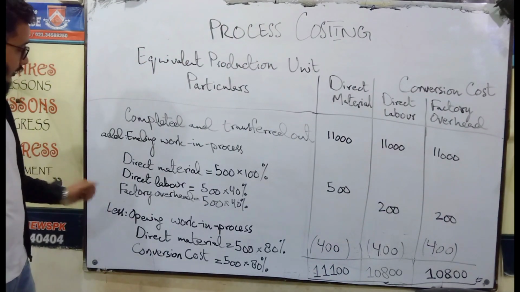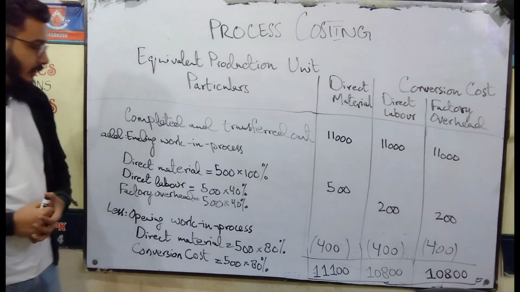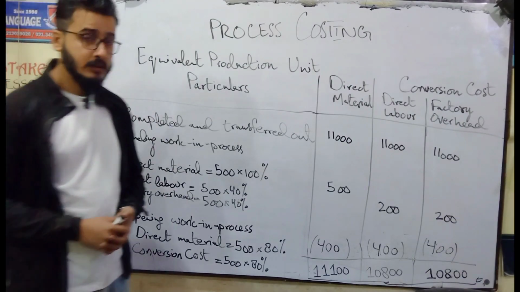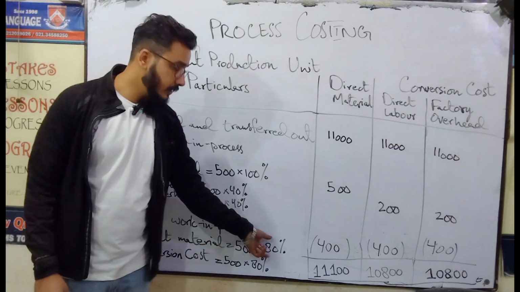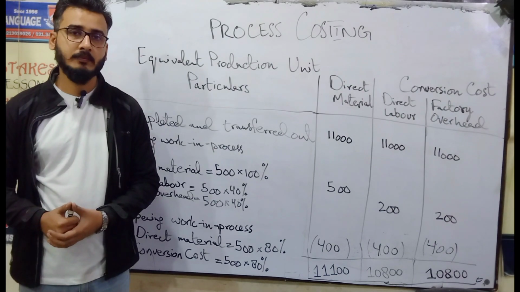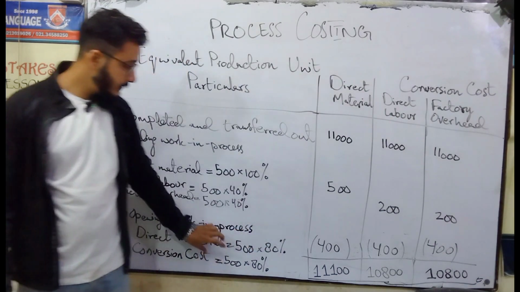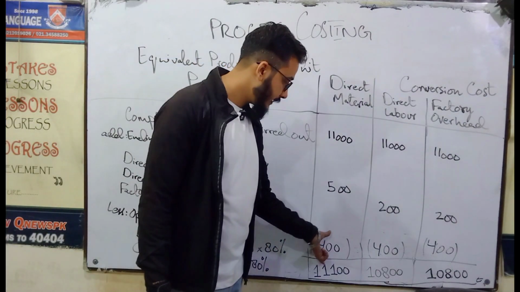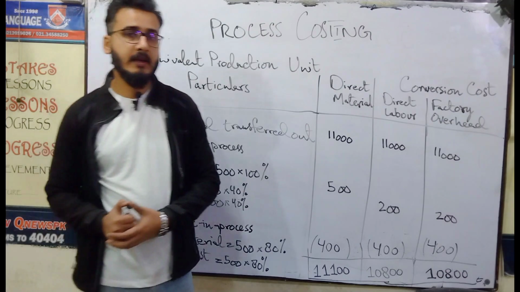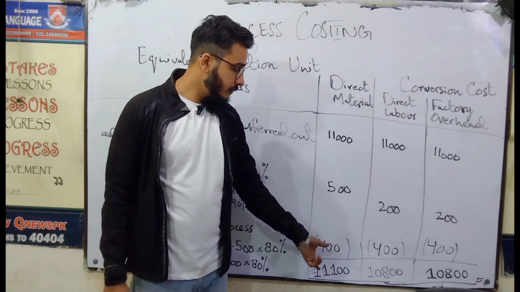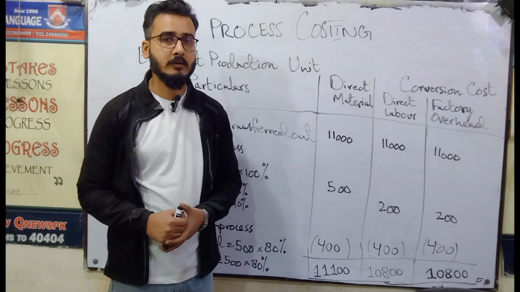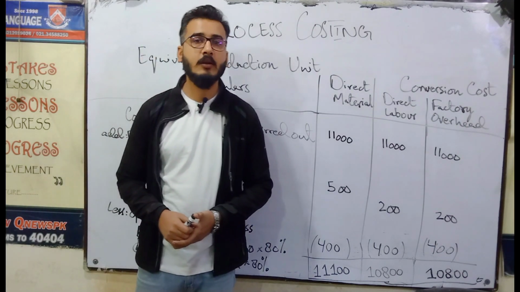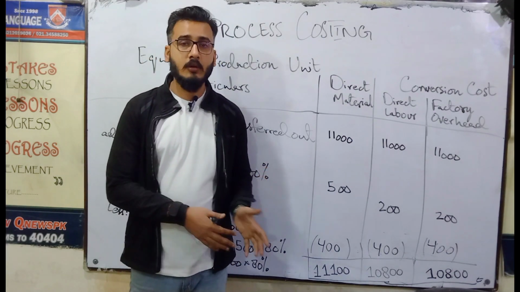Now we have opening work in process of 500, and the question says it was 80% completed in the previous period. So we will deduct this 80%, as this pertains to the last period, and by deducting this 400 from the 500 and 11,000, we have 11,100 in direct material and 10,800 in conversion cost. Now let us see how to solve this question further.